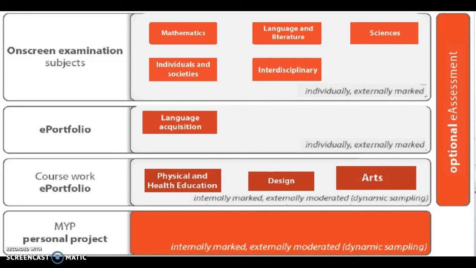So this is pretty much the basic idea behind the MYP eAssessments. The entire examination is broken down into on-screens, which are done on computers, as well as e-portfolios that are submitted. So hope that helps. This will give you some idea about how it is supposed to work.